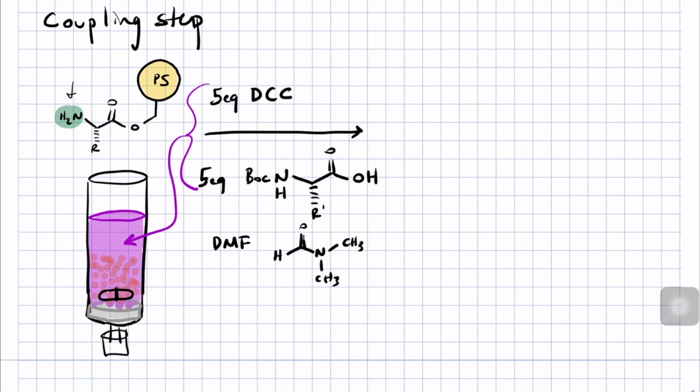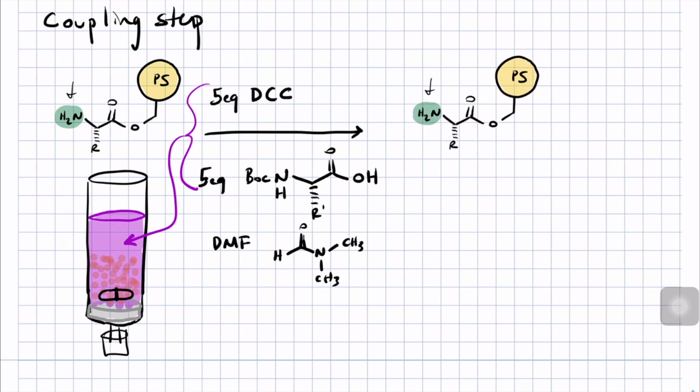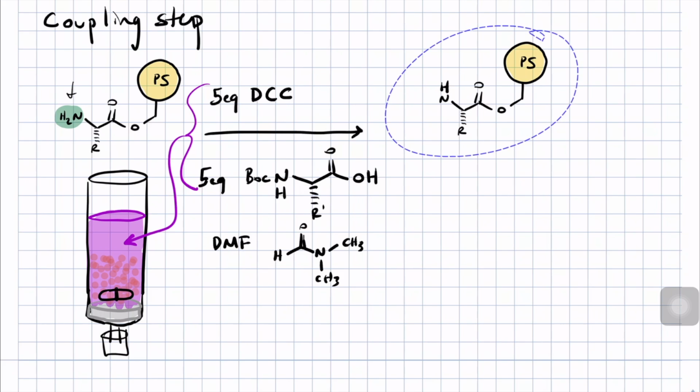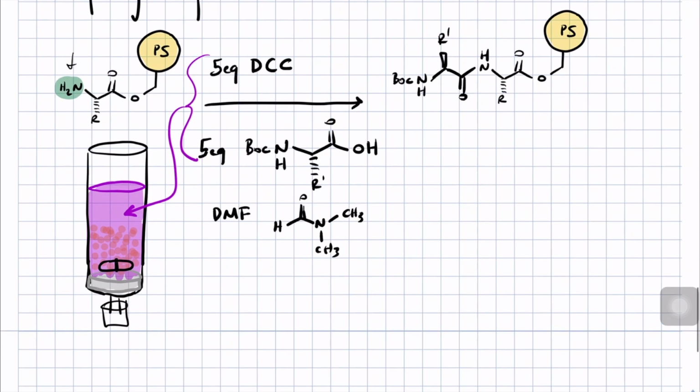So when this reaction is done, what you have is resin beads where you now have attached a second amino acid to the N-terminal amino group of your first amino acid, and then that nitrogen is Boc protected.